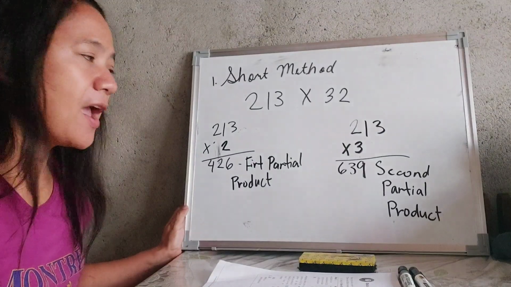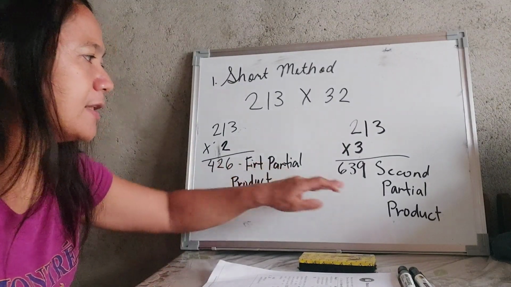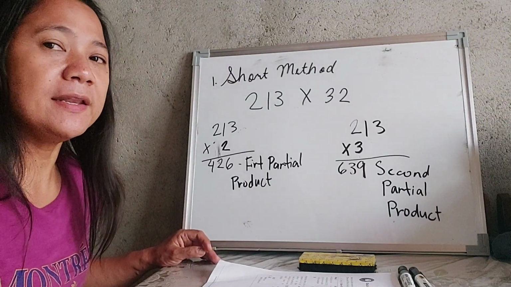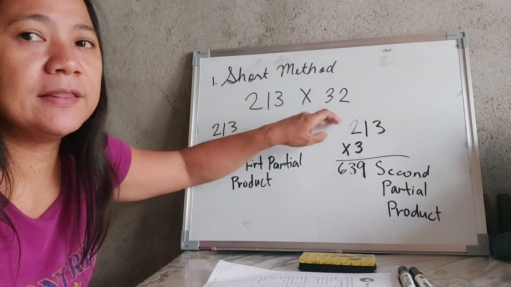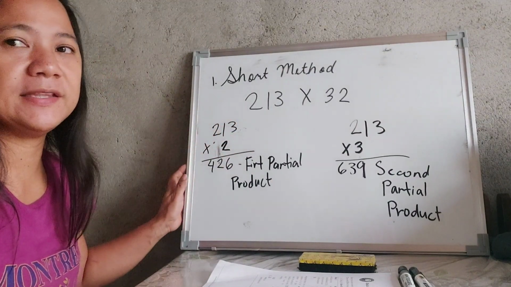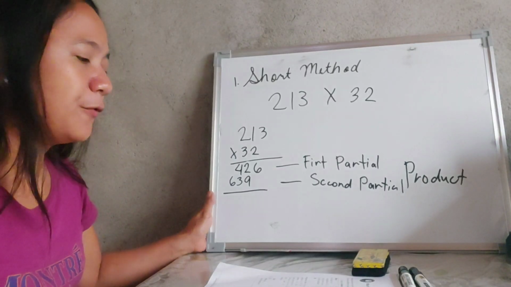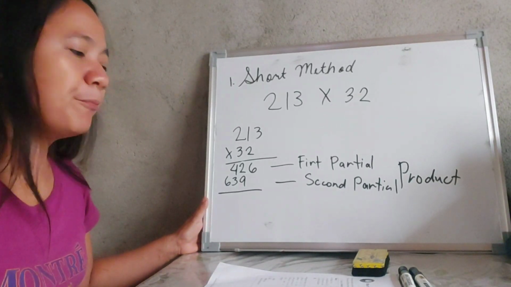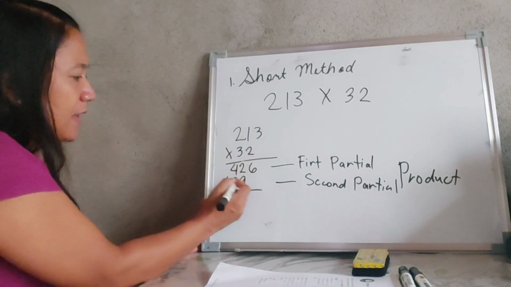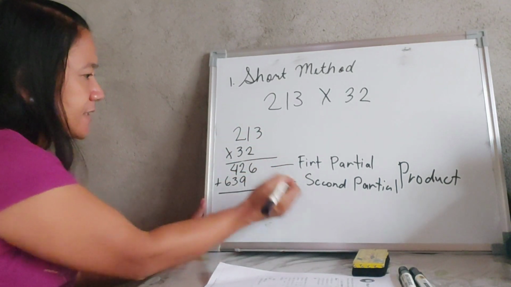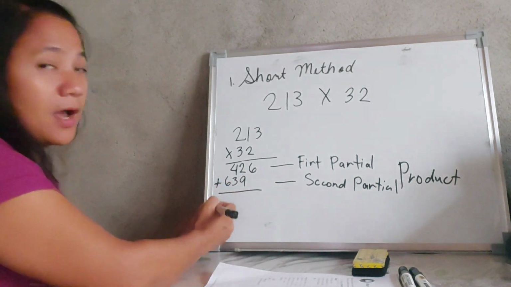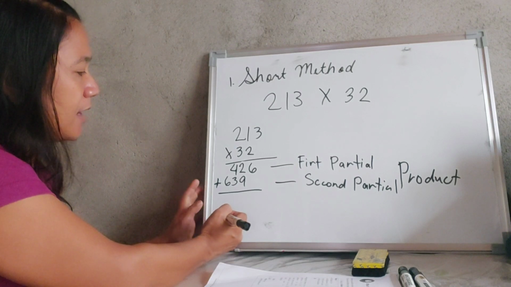So since we have the first partial product and second partial product, we will get now the final product of the given data. So what would be the final product of this given data? And for step 3, add the partial products to get the final product. So we will add the first and second partial product using the addition sign.